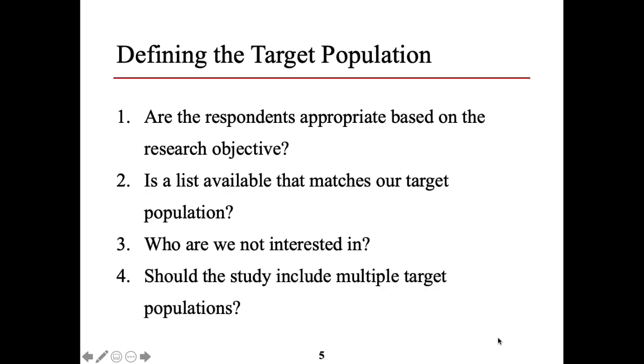And the last question is, should the study include multiple target populations? As I had mentioned, for the REI case, it could include any type of outdoor activity. You may want to focus on serious hikers, but you may also want to focus on serious canyoneering folks, or serious rafting people, because they're going to have to do some type of hiking to get to the raft or to the canyon, wherever they're going to be doing their activities.